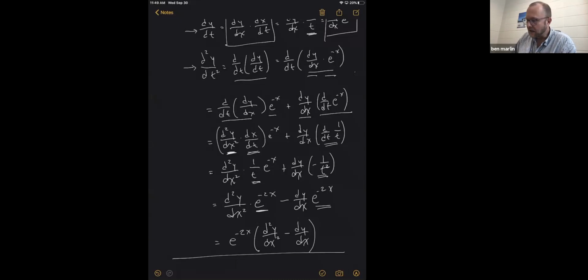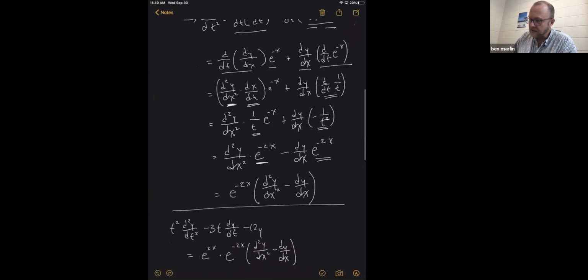And the minus of it, notice that I went ahead and just moved it over here, okay? But in any case, you notice that I've got a factor of e to the minus 2x on both of those. So I just pull it out to the front, and now I have the second derivative with respect to x minus dy/dx.